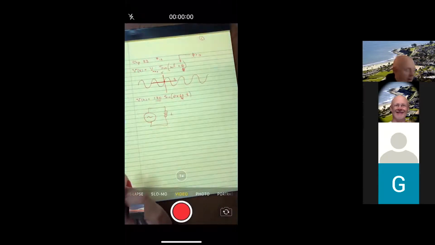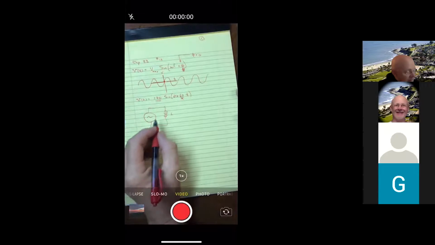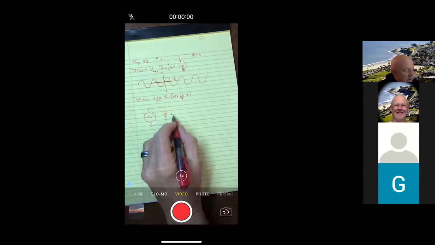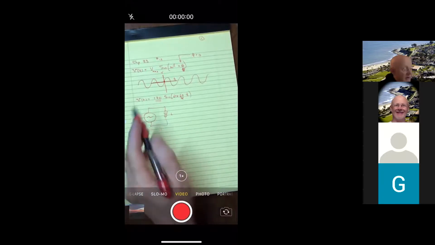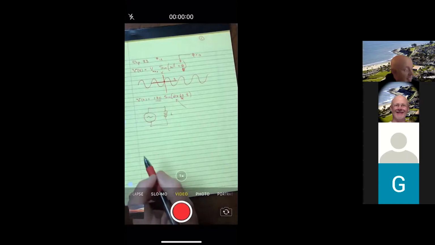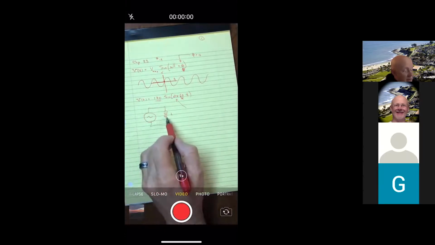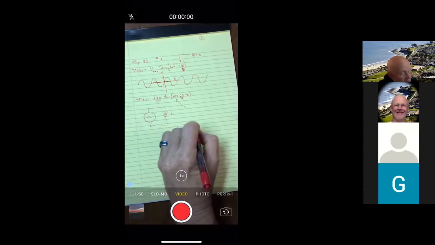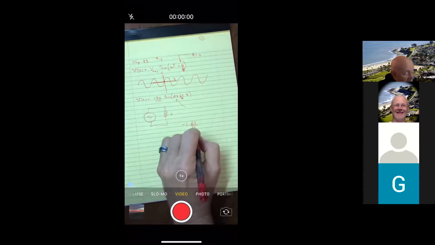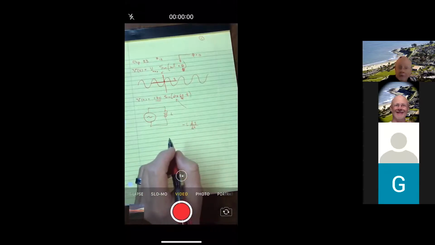Now, here's where the slash review comes in. If I was hooking this up, this is basically saying all the voltage from this power supply is going to the inductor. And the voltage on the inductor is minus L di dt. And that's what we learned in chapter 32.